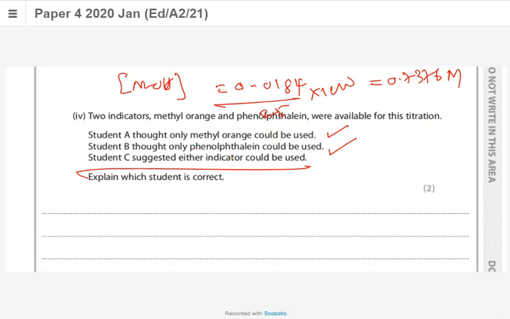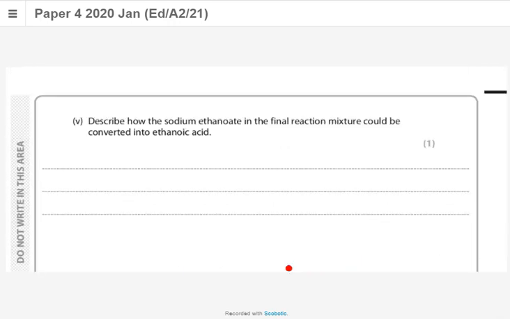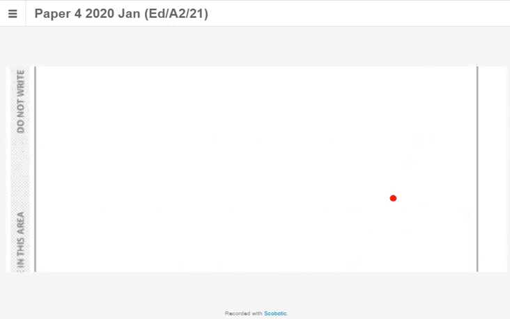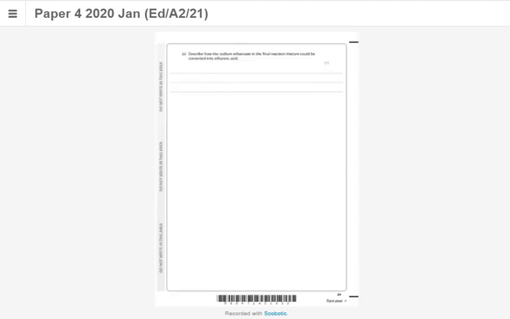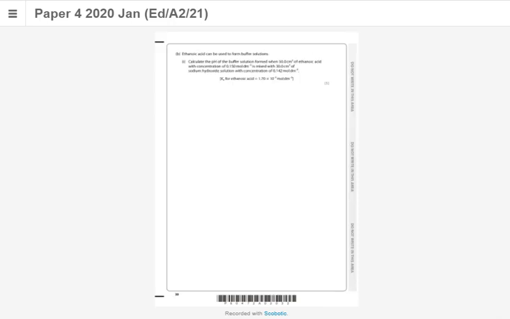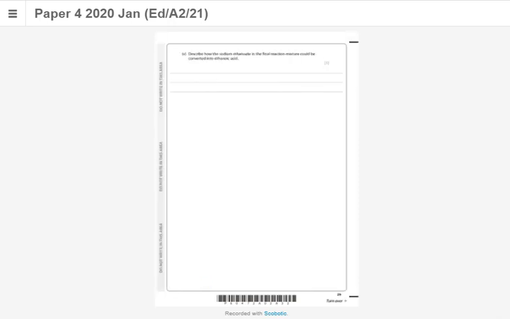So student C is correct, as the vertical inflection of the strong acid, strong base titration falls within the pKin value of both the indicators.